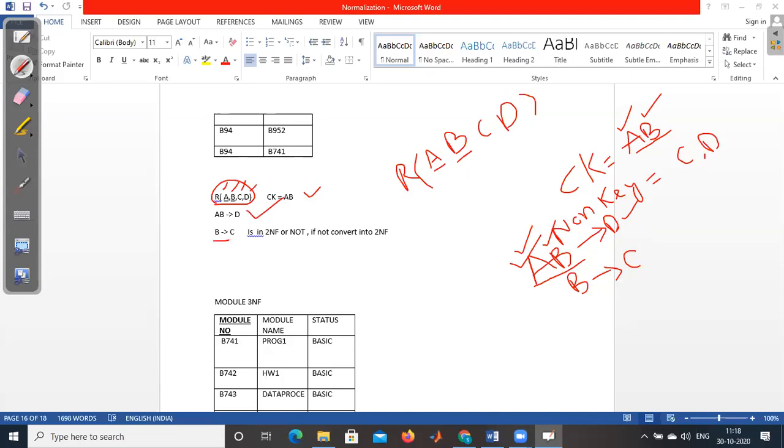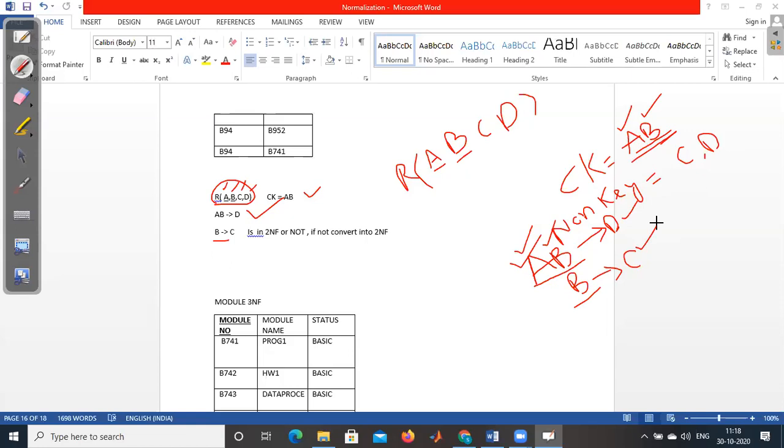B tends to C. B is a prime attribute, but B itself does not form a primary key. What is the primary key or candidate key here? The combination AB.